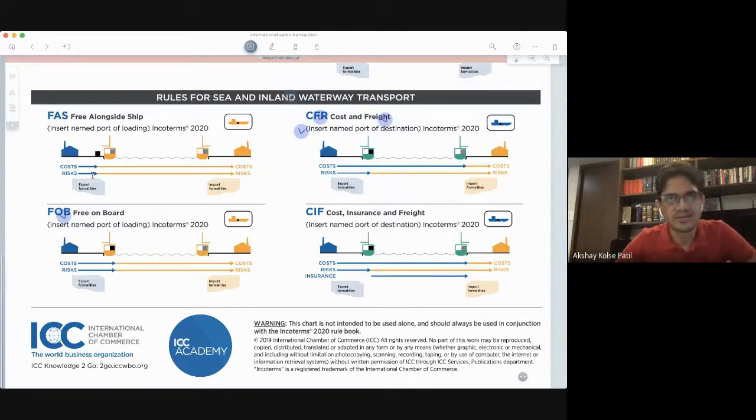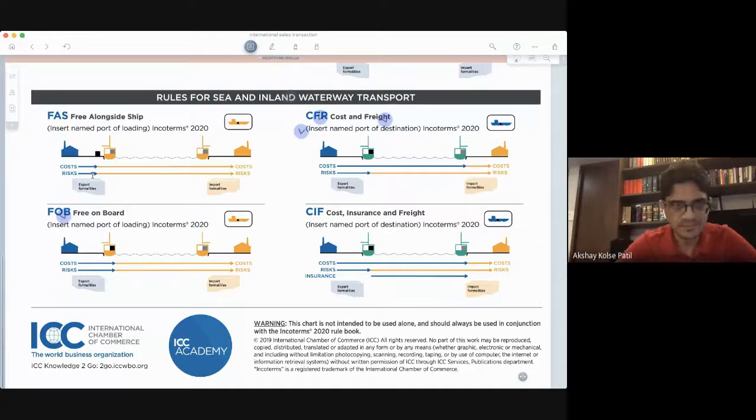Thereafter, the buyer will have to provide for the transportation. So the main idea here is the transfer of risk. For the seller, the risk with respect to the goods ends as soon as he delivers it at the port, and there the buyer then takes over the risk and has to see to it that the goods are transported to him.